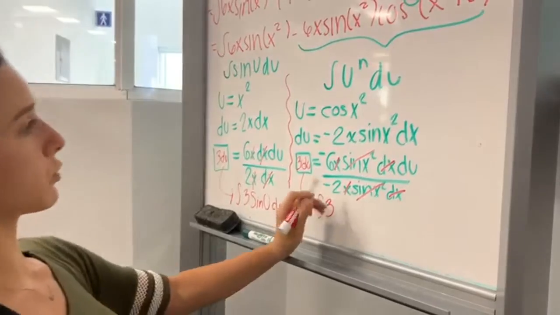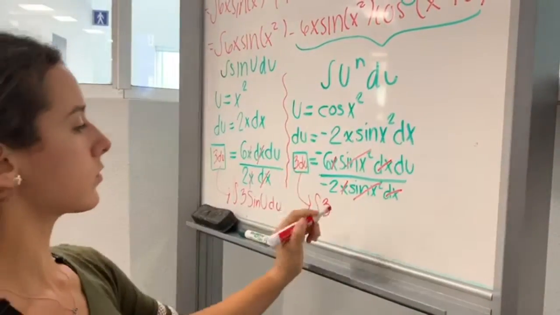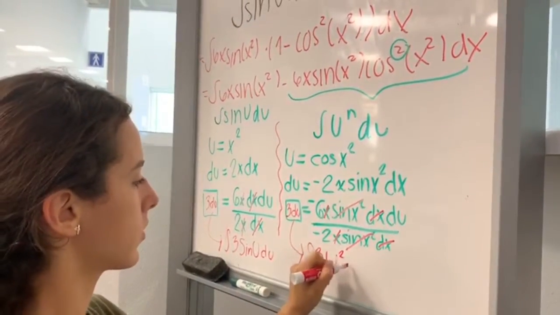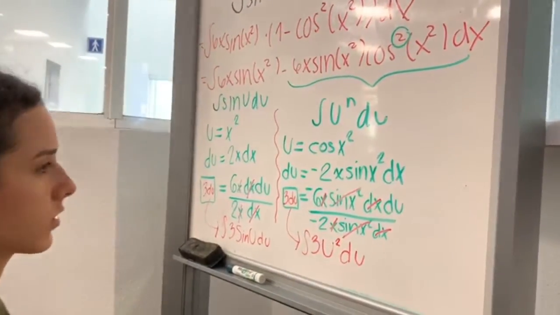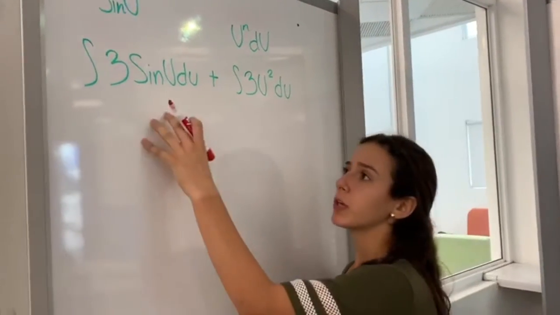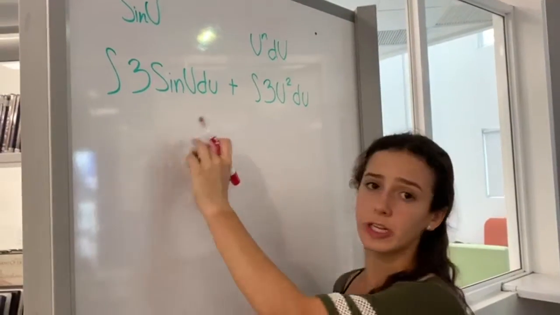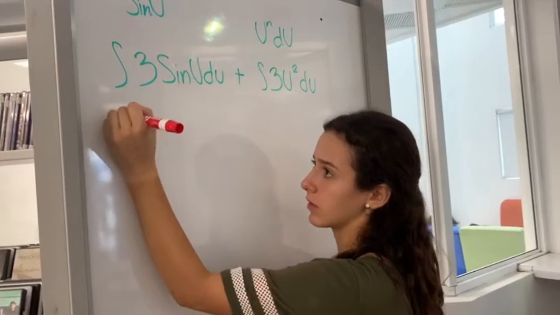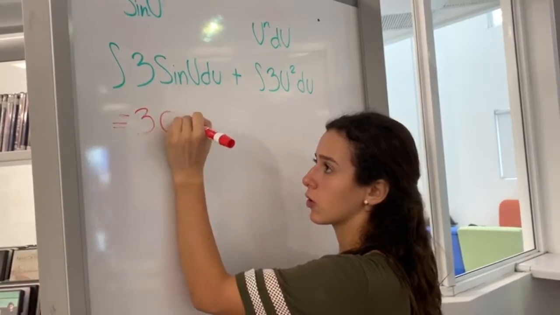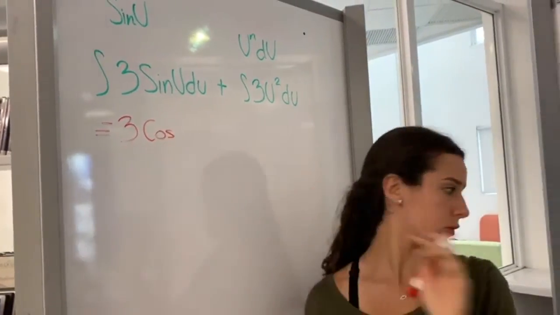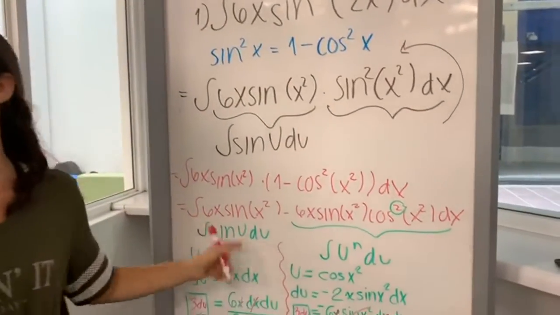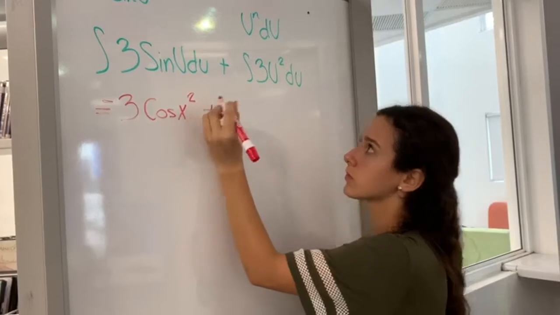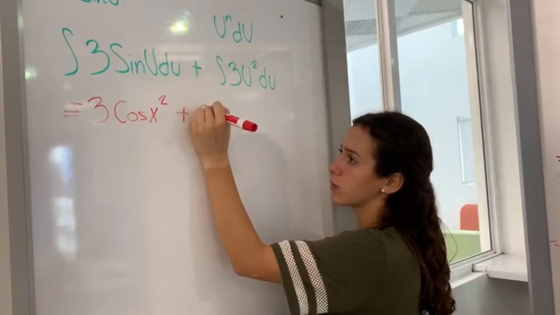Integration 3. Let's remember, since it's a u and du, we write the u squared du. So in order to integrate, we need to change from sine to cosine. Let's remember that I change it to negative, so equals negative 3 cosine, we're gonna rewrite our u, that is x squared, plus 3.